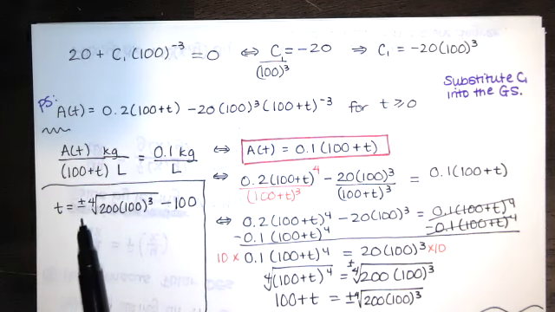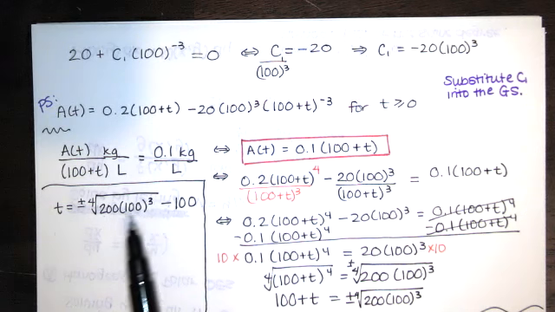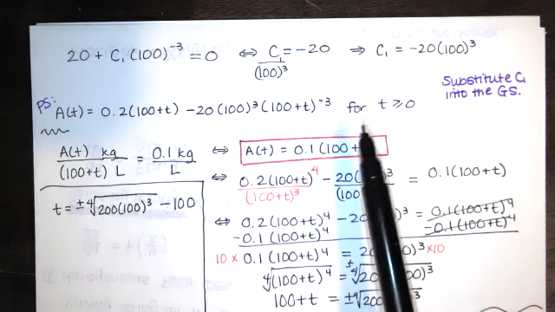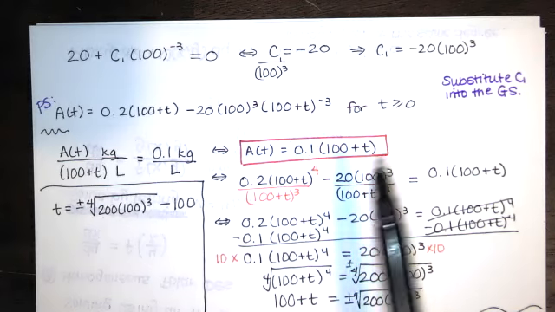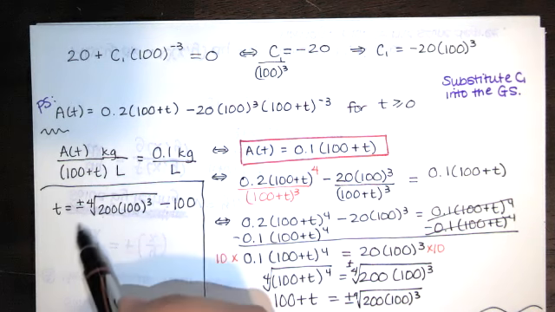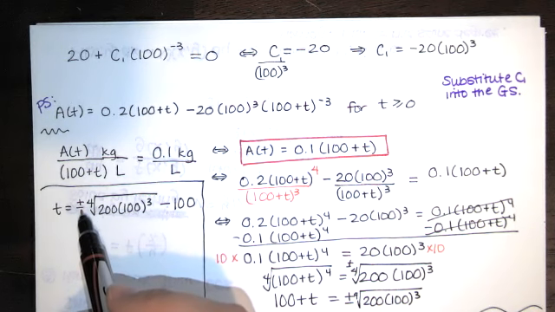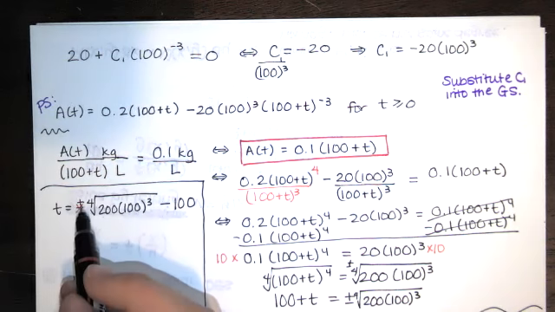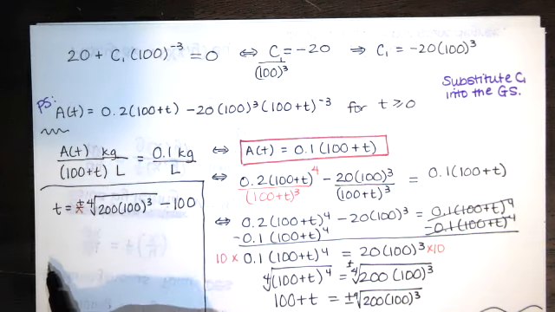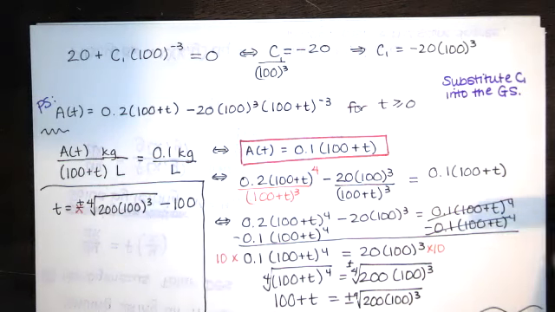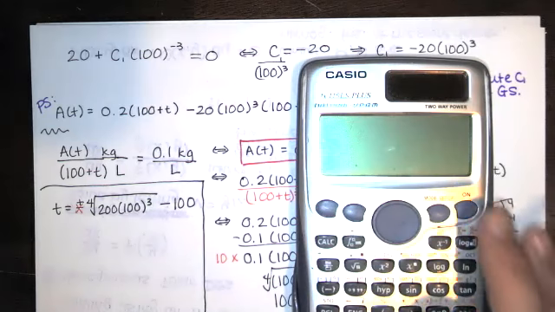But we're talking about time here, and we're talking about an amount of salt in a tank, and we started adding salt water to a tank at time t equals 0. So this result is supposed to be positive. So typically I'd keep that negative if I'm just doing algebra, but I'm solving an application problem. So I want the positive fourth root of 200 times 100 cubed, and then we'll subtract 100 from that, and that'll give us the time.